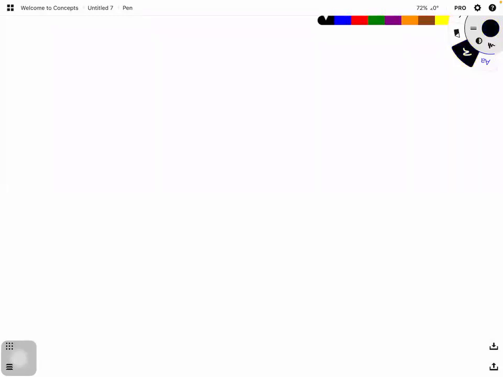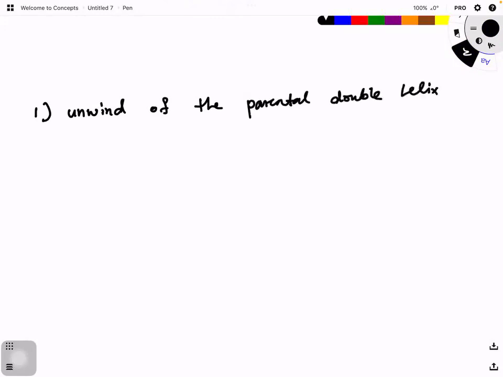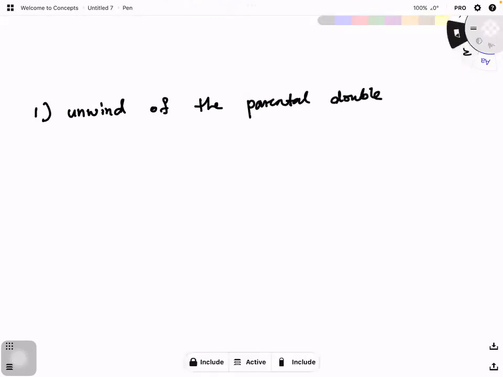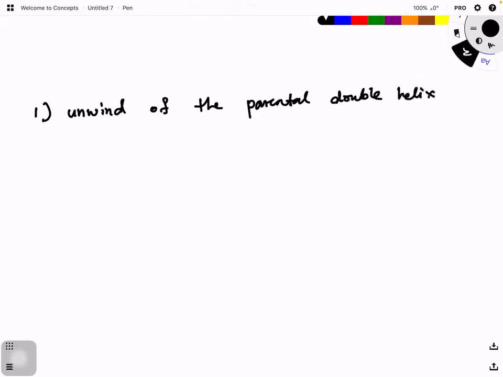Okay, so how do you write? First process, unwind. Unwinds of the parental double helix. Okay, so how do we unwind? Process number 1: we need the helicase.